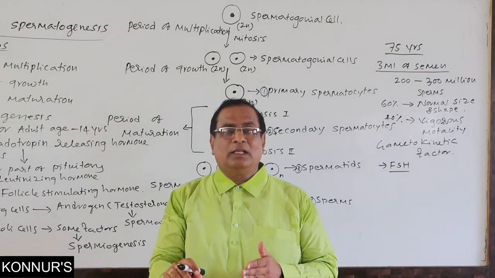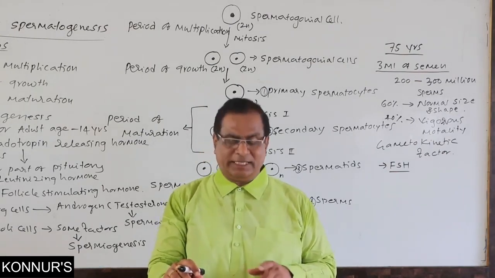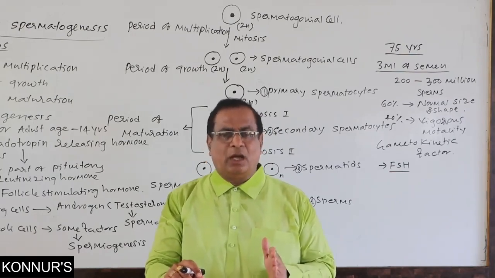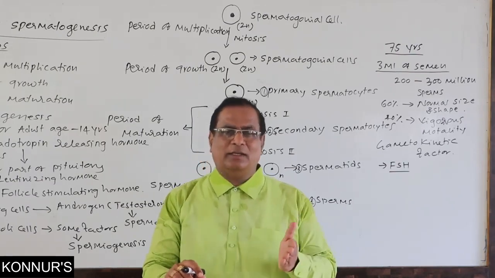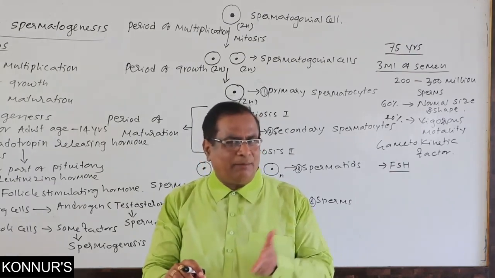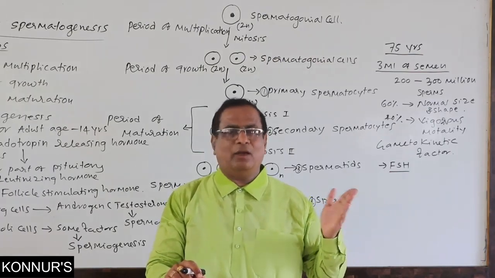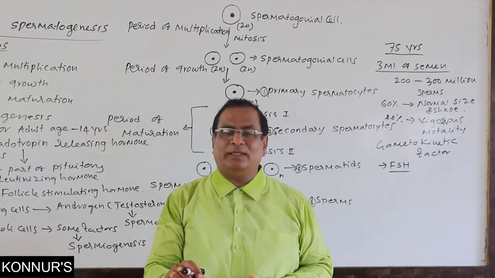When the semen is ejaculated in the female genital system at the time of sexual intercourse, the sperms have to pass through the uterus and they have to climb that oviduct and go to the upper part where they can fuse with the egg.